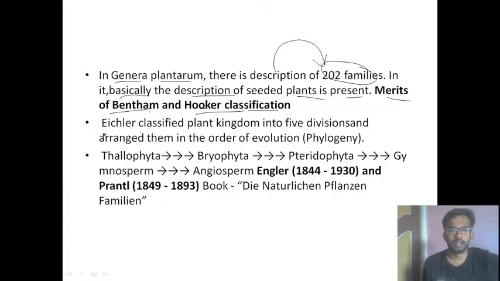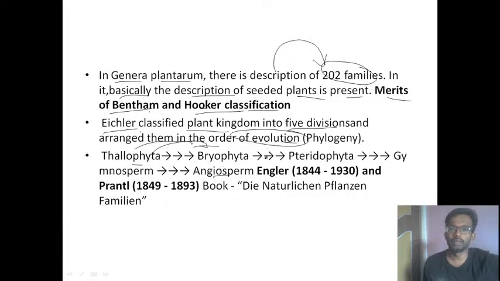Eichler classified the plant kingdom into 5 divisions and arranged them in order of evolution, that is phylogenetically. So Thallophyta, Bryophyta, Pteridophyta, Gymnosperms, Angiosperms are the flow.